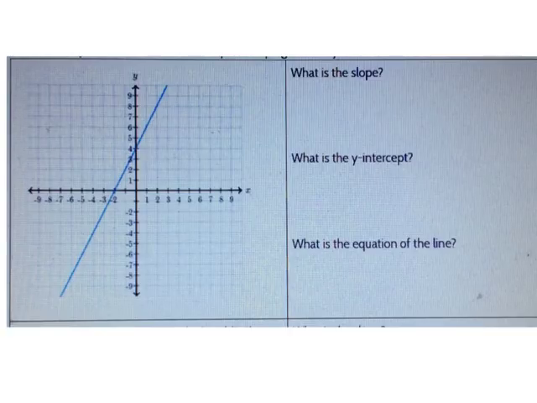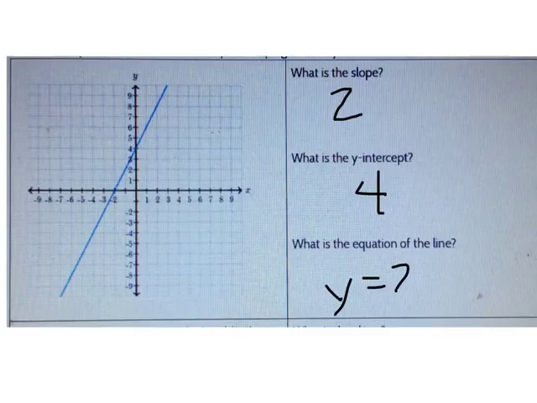What's the slope of this line? It's 2. What's the y-intercept? It's 4. Now write the equation of the line in slope-intercept form. Y equals 2x plus 4.